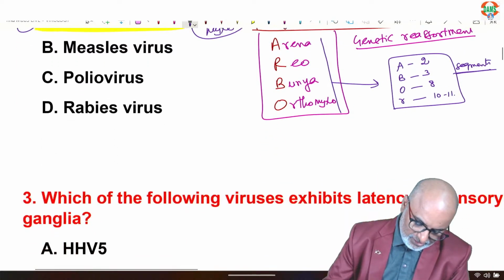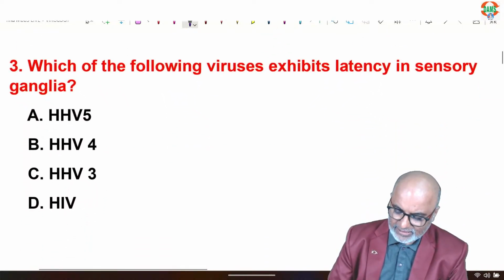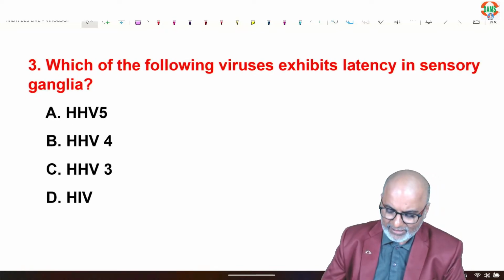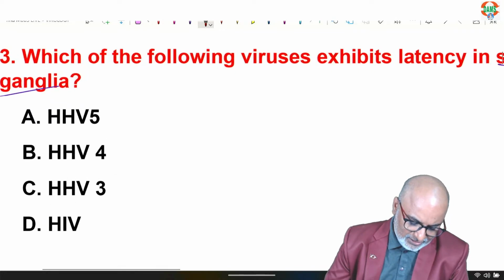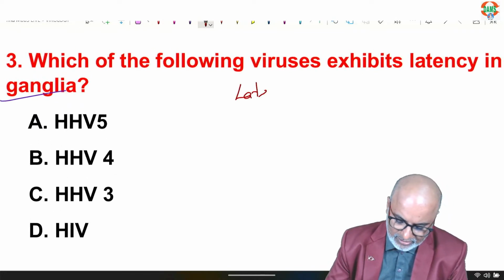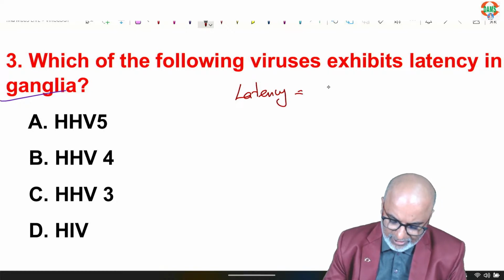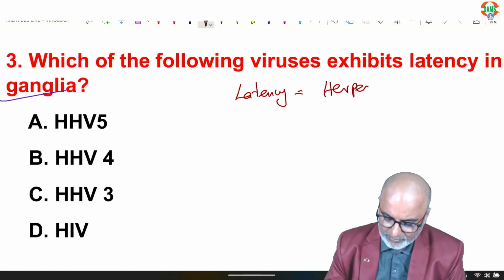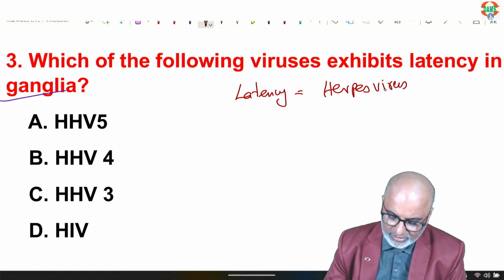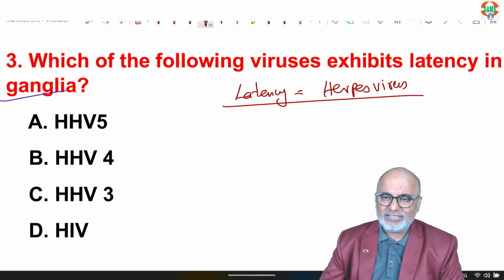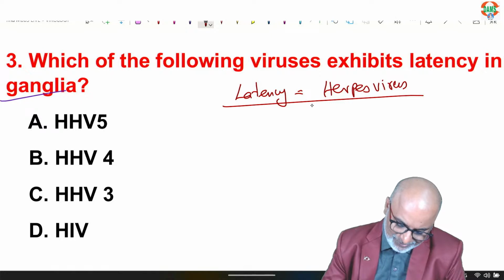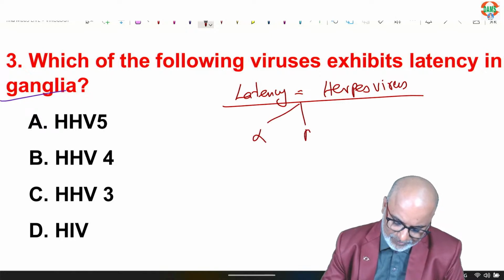Next is, which of the following viruses exhibits latency in sensory ganglia? Latency is mainly a feature of herpes viruses, though many other viruses show it. We classify the herpes viruses based on latency. Can you name the classification? We have alpha, beta, and gamma.